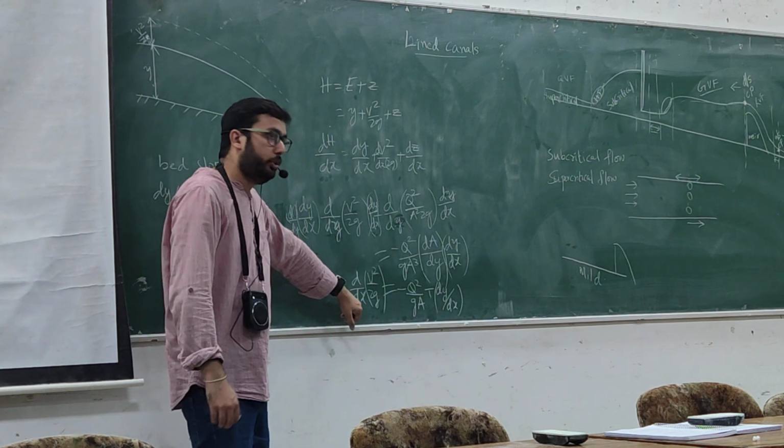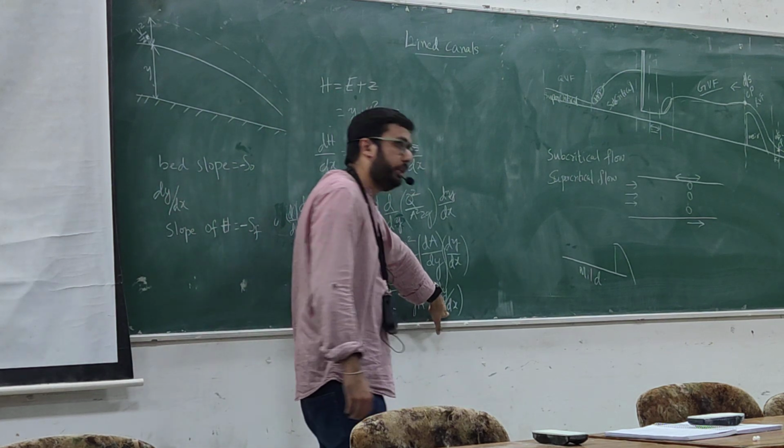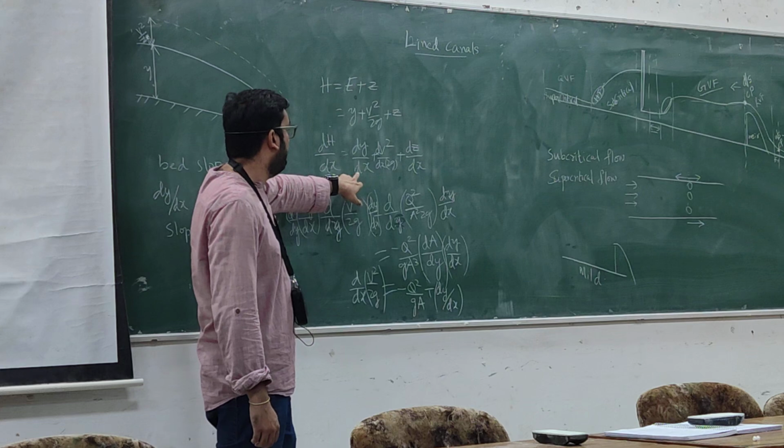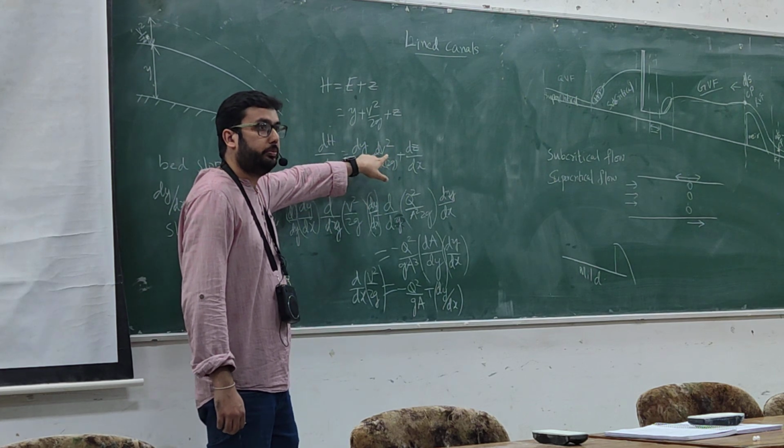Now what we did was to convert this V square over 2g into a function of dy by dx.